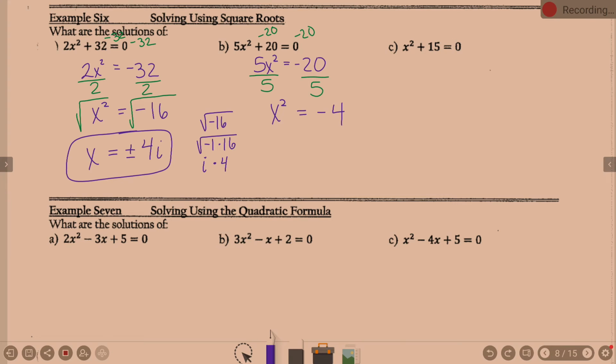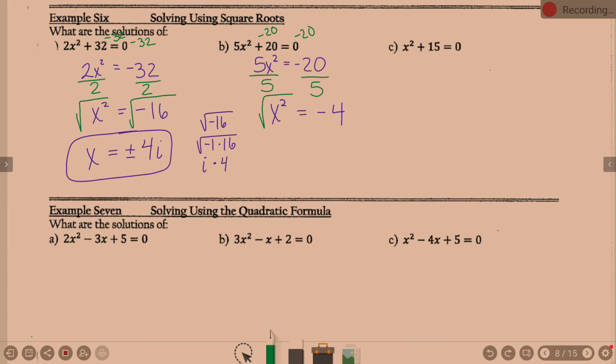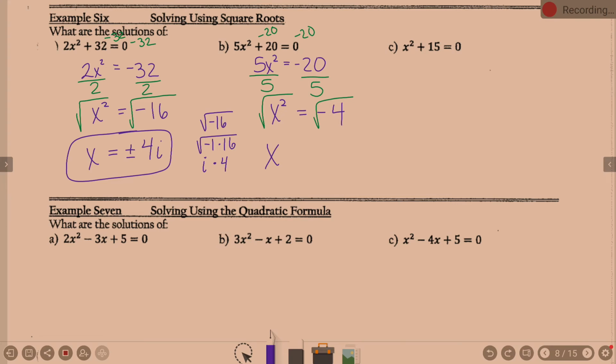What is the step I take to solve for x? If it's x squared, the square root of x squared is going to be x. Square root of negative 4. Plus or minus 2i.